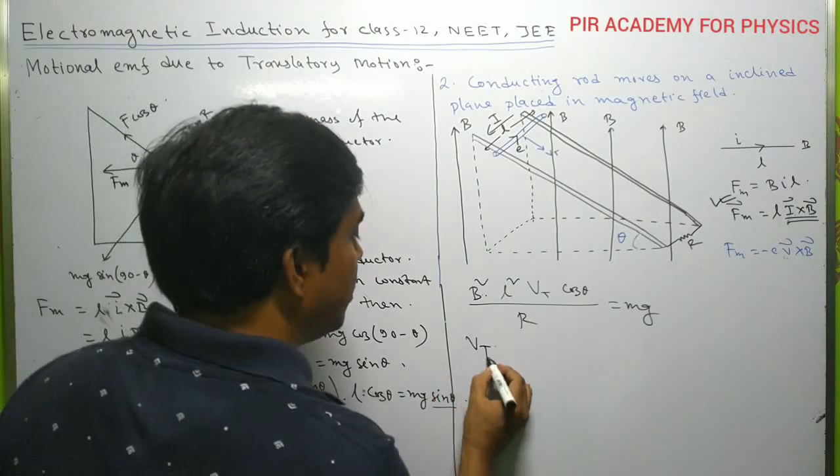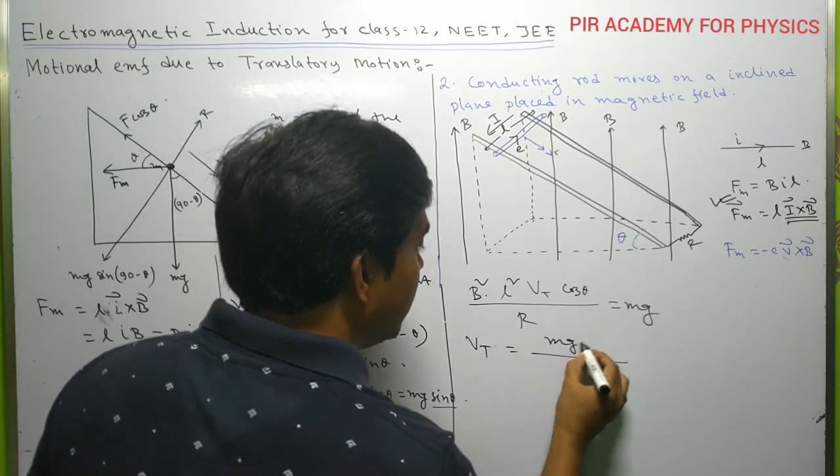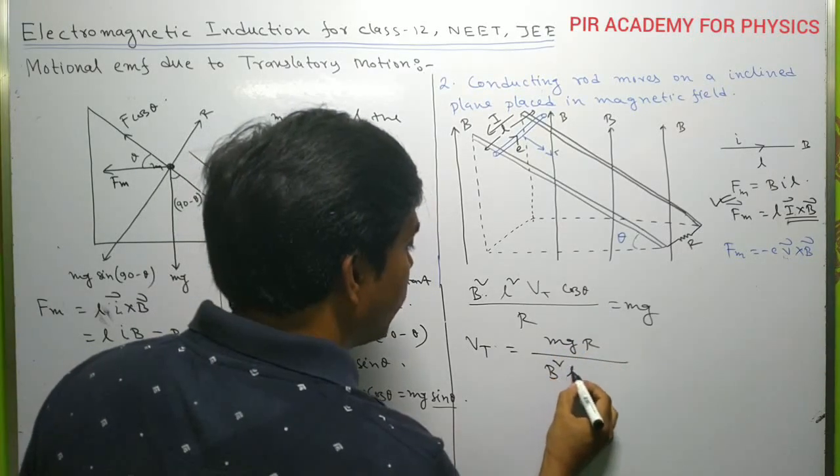That means V t equals mg R divided by B square L square cos theta.